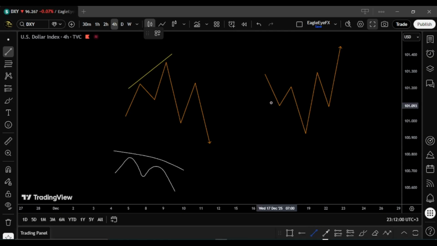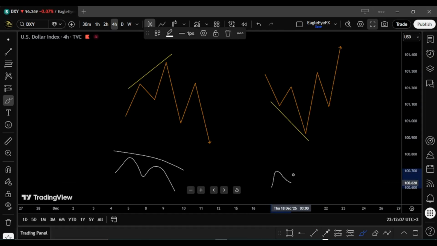Likewise, while the market is giving us lower lows, the awesome oscillator gives us higher lows. This is what we call the regular divergence.